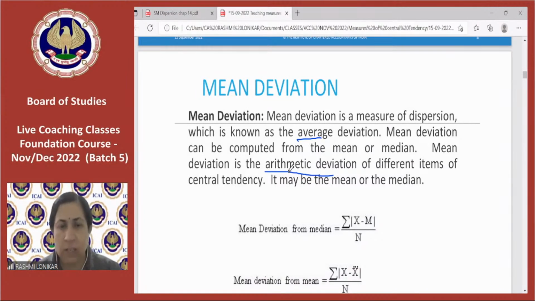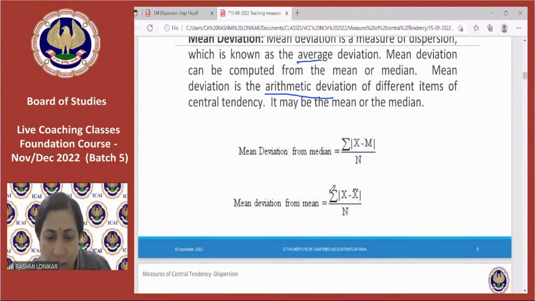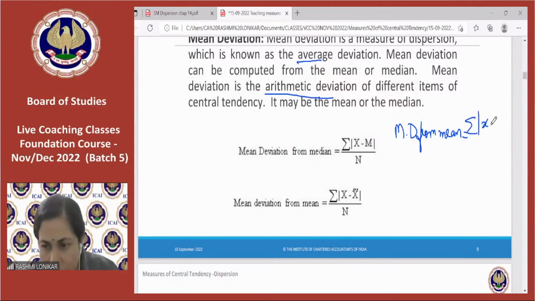Those we have already studied. So finding the deviation from that will give me mean deviation. From the median or from the mean, it is going to look like this. So mean deviation from mean will be summation of x minus x bar.